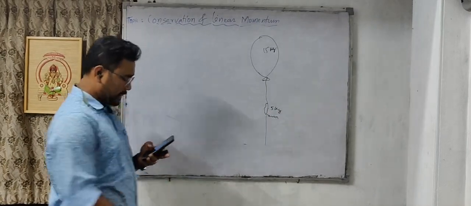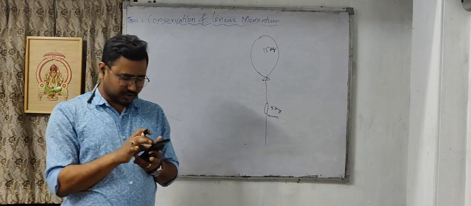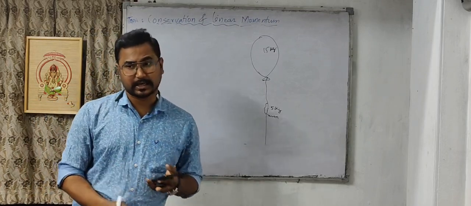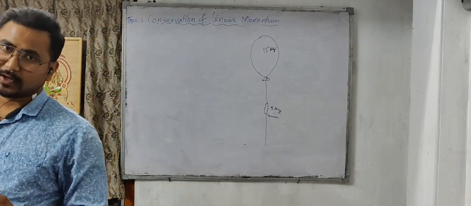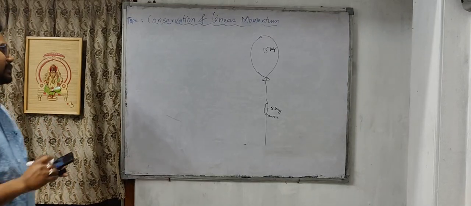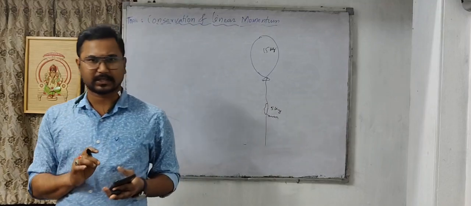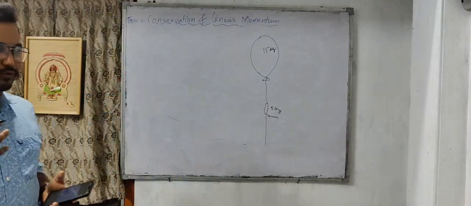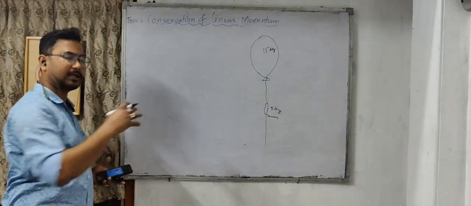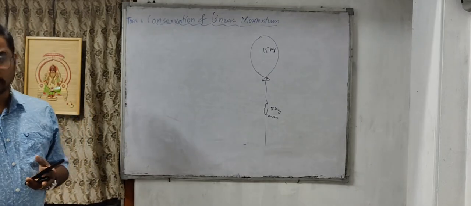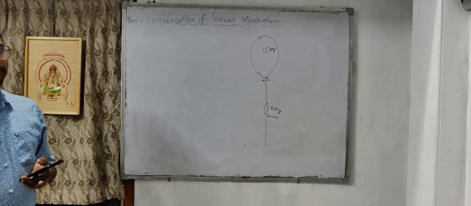And one phrase is mentioned: gravity free space. That is very important, because gravity free space means here you cannot take the weight or gravitational acceleration, nothing. That means you assume that it is happening in space, correct? So a few words you have to check very carefully.